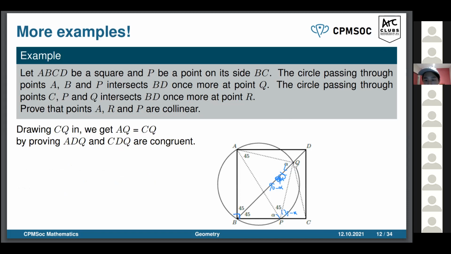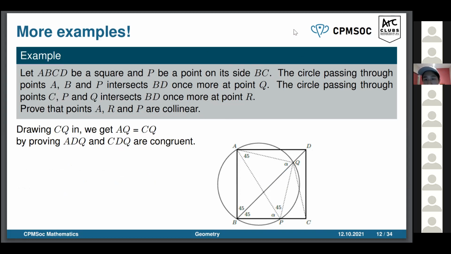Now we want to draw CQ in. It's a little construction to help. And then we can get that AQ is equal to CQ by proving ADQ and CDQ are congruent. Because DQ is a common side, and AD is equal to DC because the whole thing's a square.